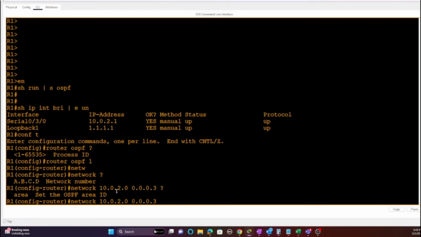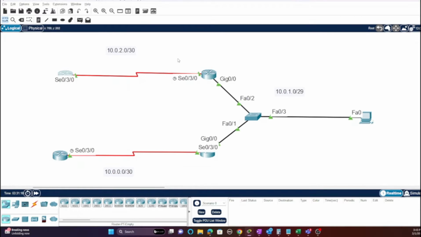And then the next thing you got to put is this area command, and you need to set it to area 0. Now the areas, let's talk about that real quick. All these routers are going to be in the same area. That means that any OSPF router, whatever area it's in, if it wants to be neighbors, it has to be in the same area, because you could have 4 routers like this all in the area.